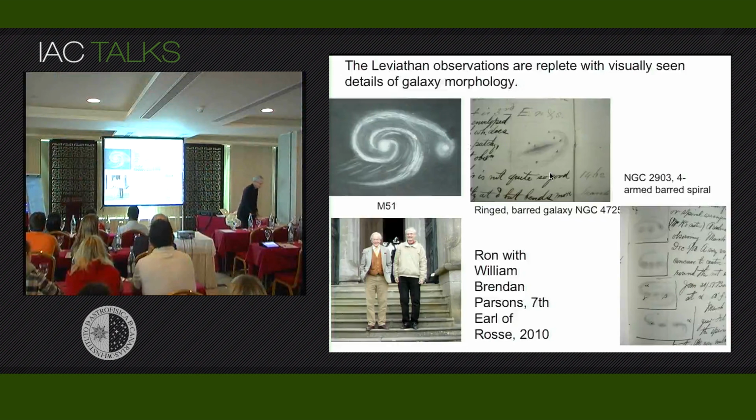Still pre-photographic era astronomy. And you look here on the lower right, NGC 2903. There's a poster out there on NGC 2903. The first observation of it showed a bar. And then as they got better at looking at it, they saw a 4-arm barred spiral.